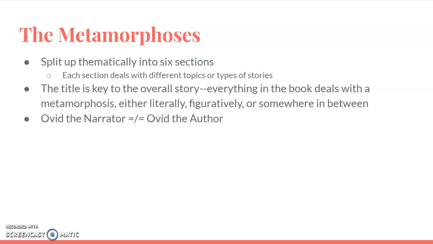Everything in the book deals with a metamorphosis, either literally, figuratively, or somewhere in between. Sometimes people literally change shape, both gods and mortals. Some of them become animals, trees, constellations, or back into people. They go from being statues to being human.